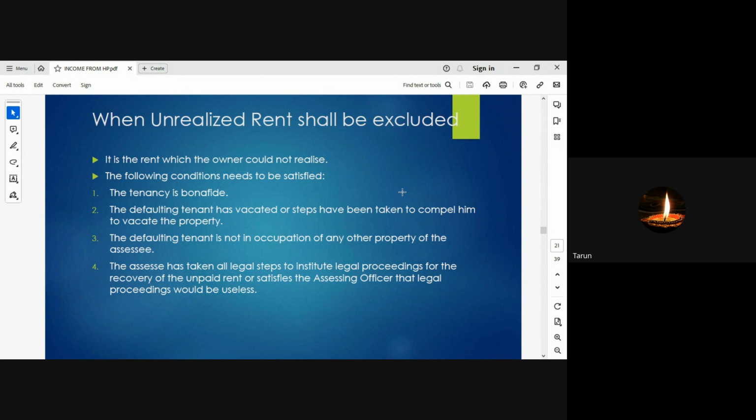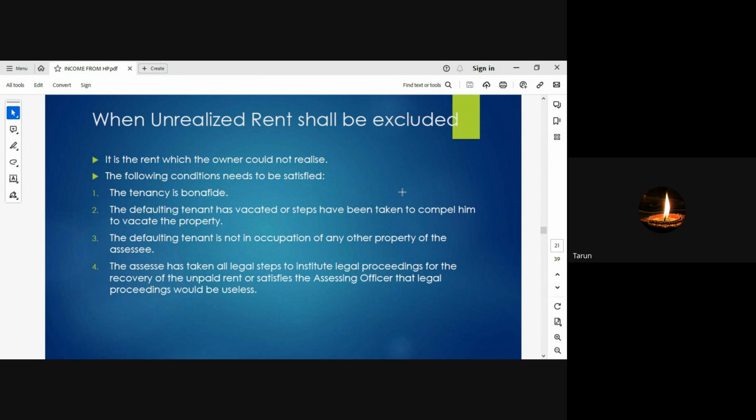The assessee has taken all legal steps to institute legal proceedings for the recovery of the unpaid rent, or satisfies the assessing officer that a legal proceeding would be useless. So if any legal process is to be taken against a defaulting tenant, whatever amount has not been received or is unrealized will not be included under unrealized rent.